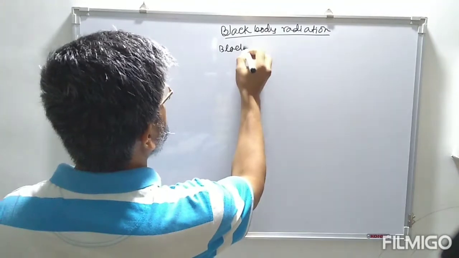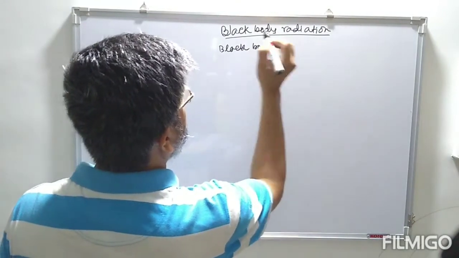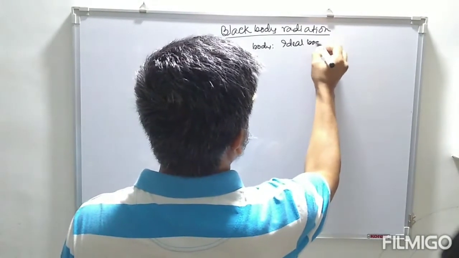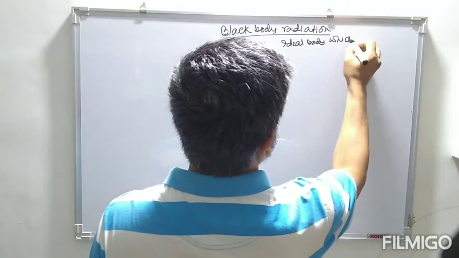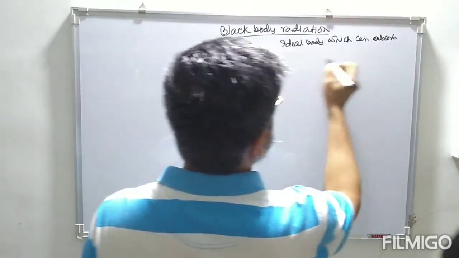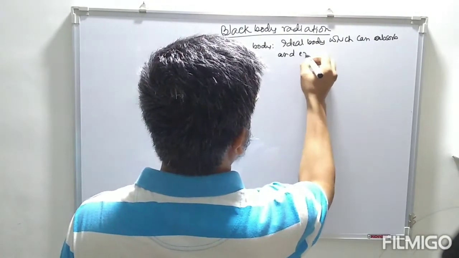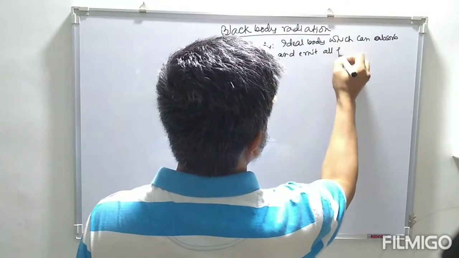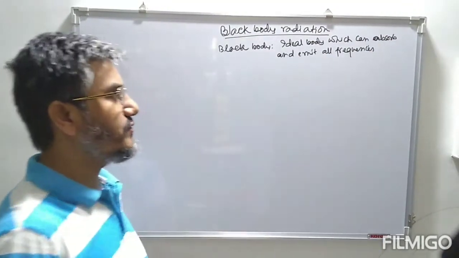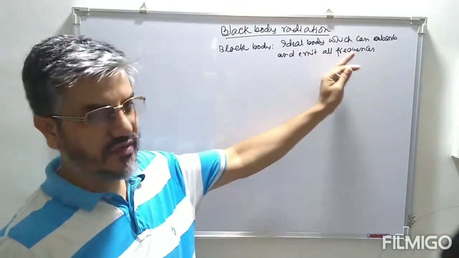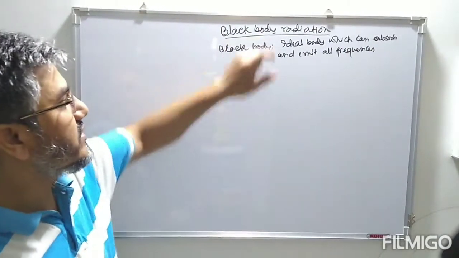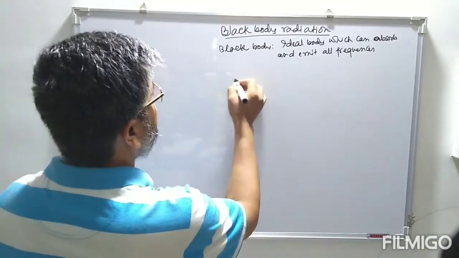So we have this black body, that is an ideal body which can absorb and emit all frequencies. So this idealized body can theoretically absorb all the frequencies falling on it and also simultaneously can emit all the frequencies, that is known as a black body.